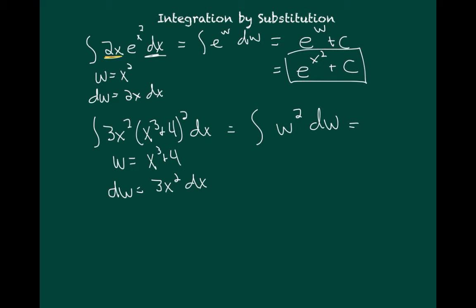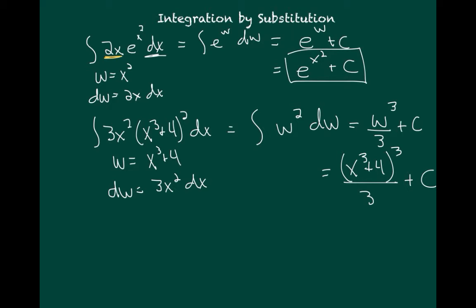Okay, to integrate this, that's just going to be undoing the power rule, so I get w cubed over 3 plus c. Now resubstituting, I get x cubed plus 4 cubed over 3 plus c.